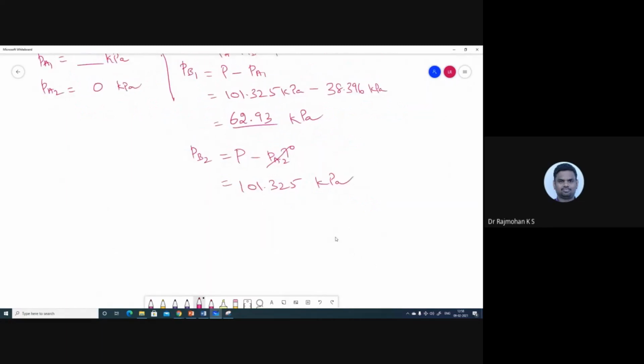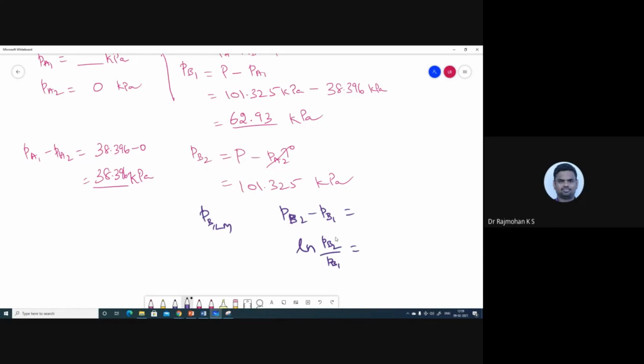So why we are doing this PB1, PB2? First of all, we want this data: PA1 minus PA2 is equal to 38.396 minus 0, this much kilopascal, which is 38.396. And what we want to get from PB1 value and PB2 value? We want to get PBL, PB logarithmic mean. So for that, we want PB2 minus PB1 and ln of PB2 by PB1.